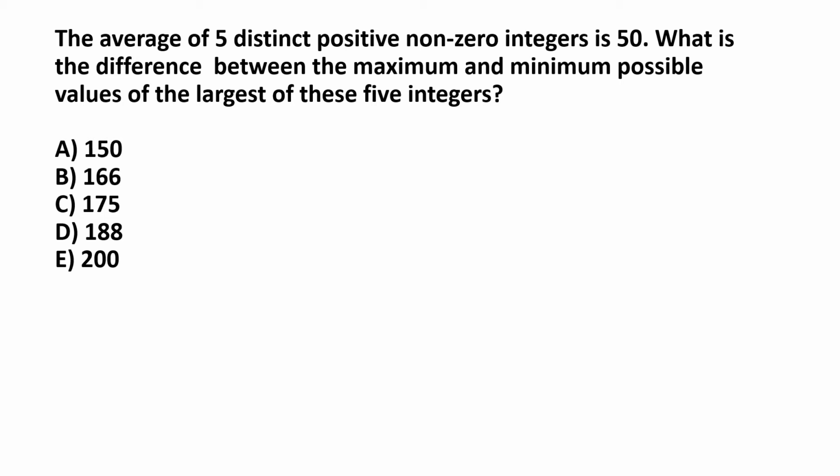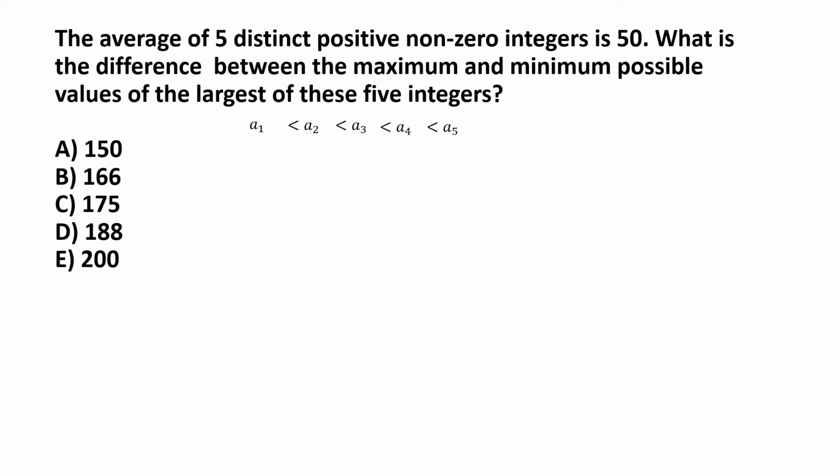We start with this ordered representation of the 5 positive non-zero integers, and let them be a1, a2, a3, a4, and a5 arranged in ascending order, meaning that we have a5 greater than a4, a4 greater than a3, a3 greater than a2, and a2 greater than a1.